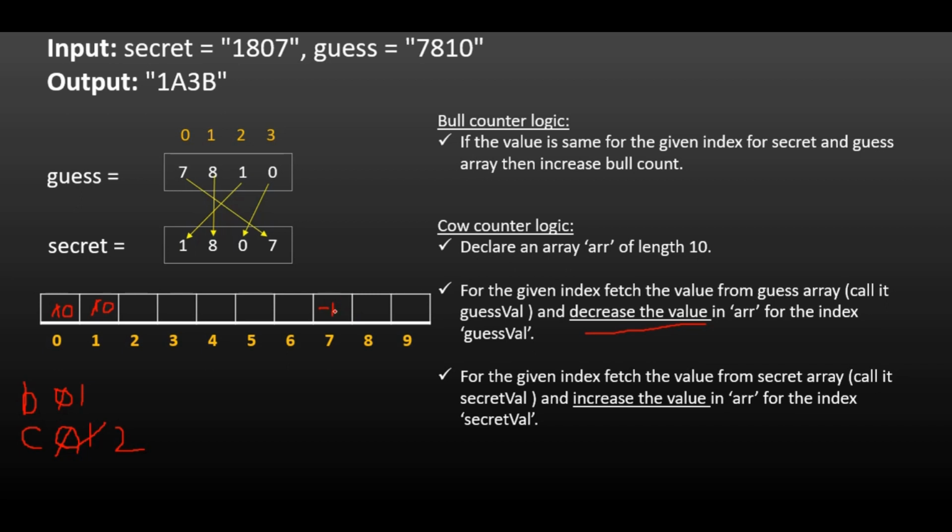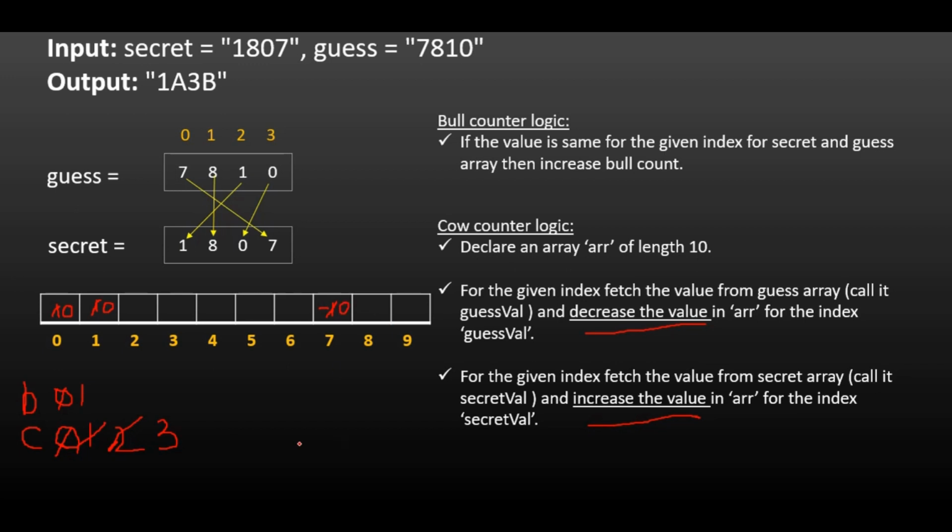So since this value is less than 0, that means it has occurred in my guess array. So I need to increment the cow counter, right. So I will increment the cow counter by 1, and then I will increase this value by 1, because for secret we are increasing the value by 1, right. So this will become 0.